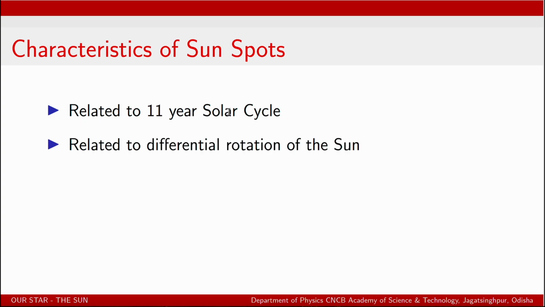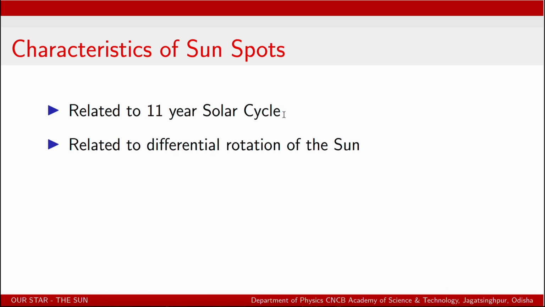And why does this 11-year solar cycle happen? By the way, the Earth also has a magnetic field, and the magnetic polarity of the Earth also flips, but that takes tens of thousands of years. It's not that polarity flips in 11 years or 100 years or 200 years.